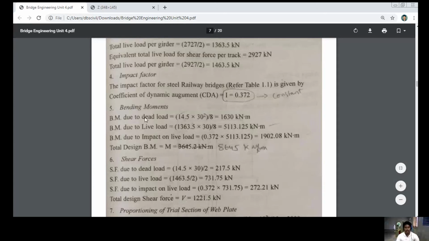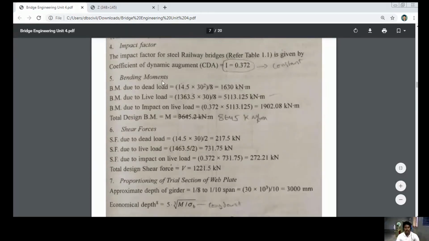Next, with respect to the impact factor, we go to designing of bending moments. Bending moment due to dead load is WL square by 8. This is 14.5, as I said earlier in dead load, and 30 is the span: 30 square by 8, nothing but WL square by 8. We get 1630 kilonewton meter. Next, bending moment due to live load: we get 1363.5 WL by 8.